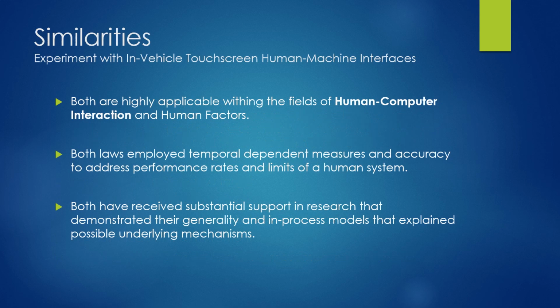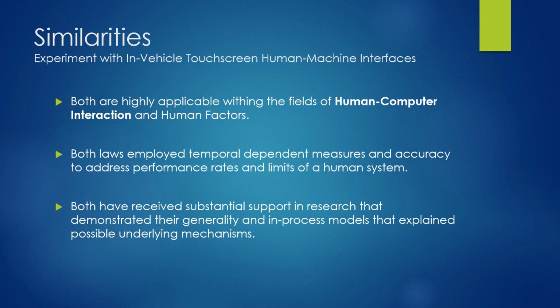To learn about some of the similarities, I looked in a peer-reviewed resource about an experiment with in-vehicle touchscreen human-machine interfaces. I learned that both are highly applicable within the fields of human-computer interaction and human factors.